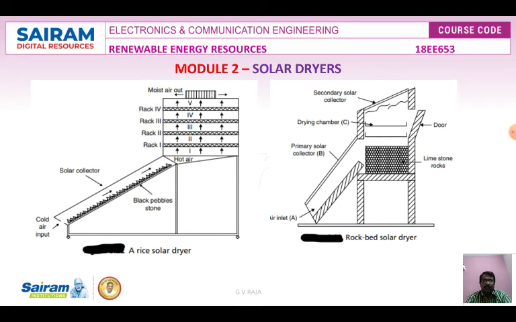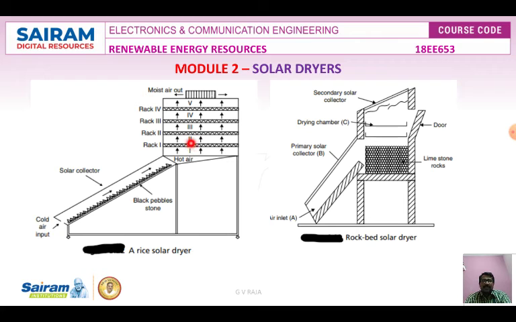The air is drawn through the dryer by natural convection. It is heated as it passes through the collector, then partially cooled as it picks up the moisture from the rice. The rice is heated by both air and sun directly.